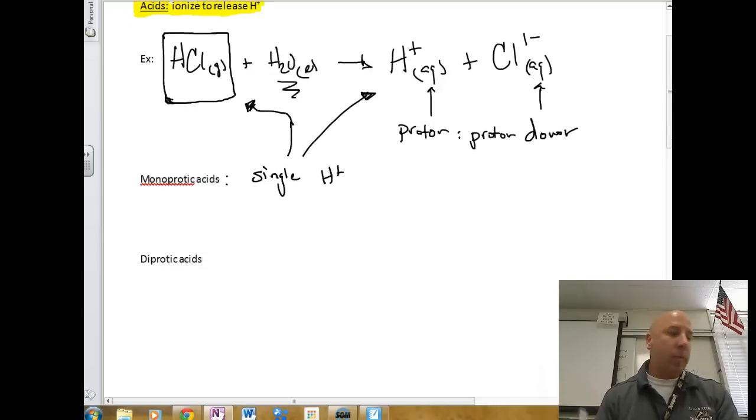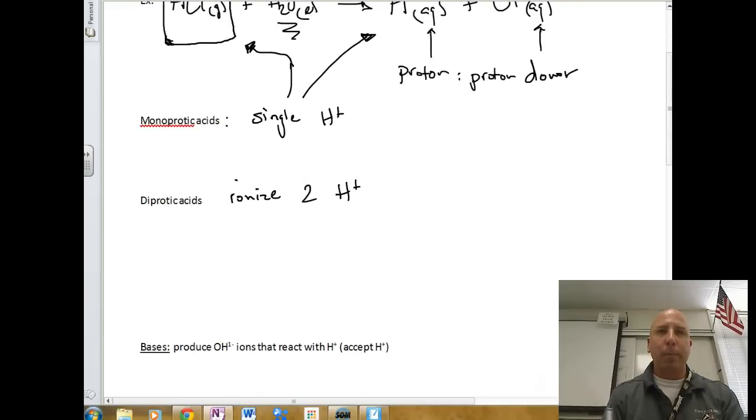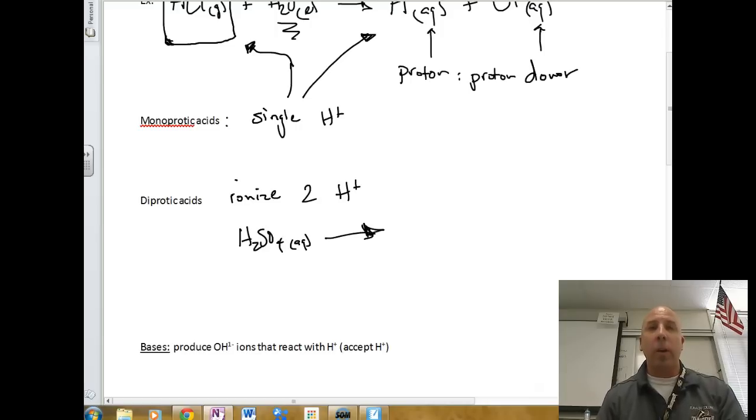A diprotic acid is an acid that can ionize 2 hydrogen ions per molecule, although they don't do it equally. A good example of this would be H2SO4. So if we took some aqueous H2SO4 and put it in water, what's essentially going to happen is we're going to ionize.